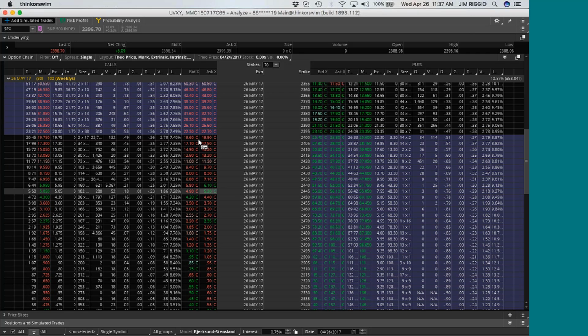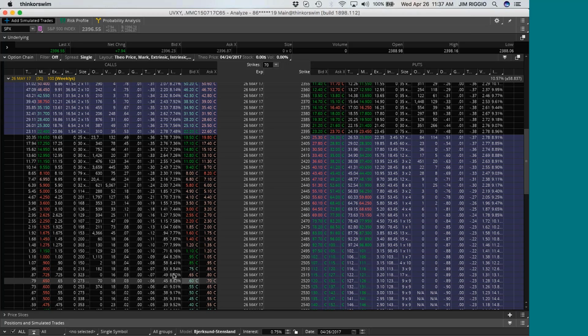So by paying just a little bit more, especially when you come down here, 55 to 60 cents, you'll see that the implied volatility comes down.